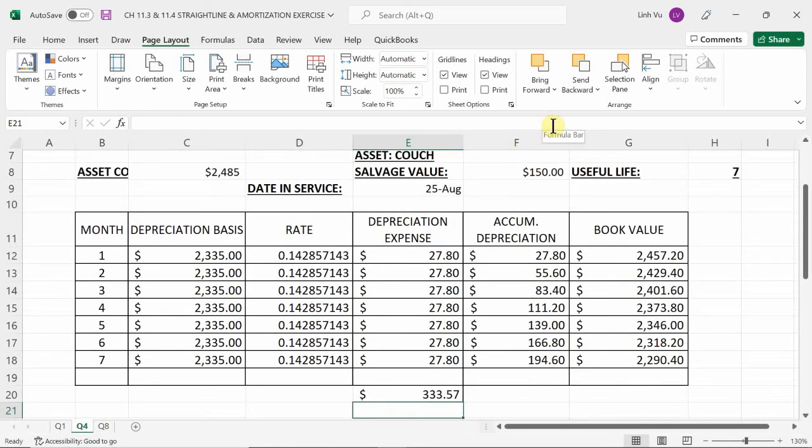$333, right? That's for a whole year. Right. Can I call my asset a whole year when it's only 4 months old? No. So how do I adjust it?